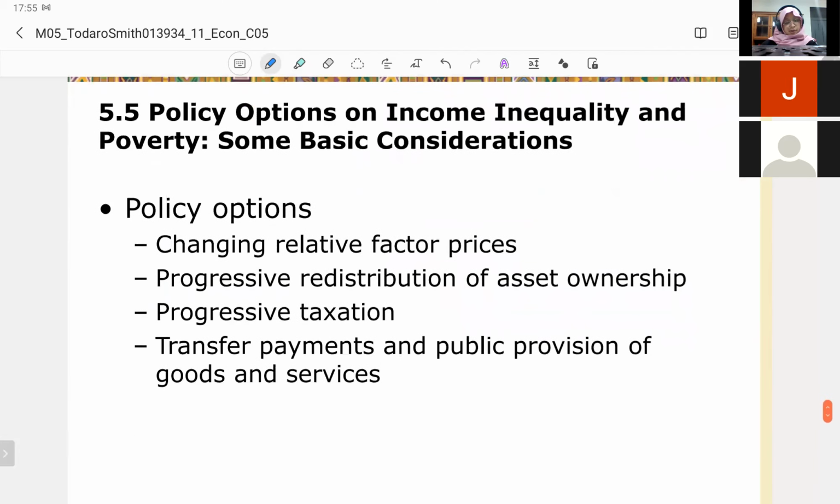And then some of the policy options, we can change relative factor price. Relative factor price, for example, like wage. So if the government sets wage at some cut-off point, then theoretically they expect to help some people who had low wage before to get a higher wage.